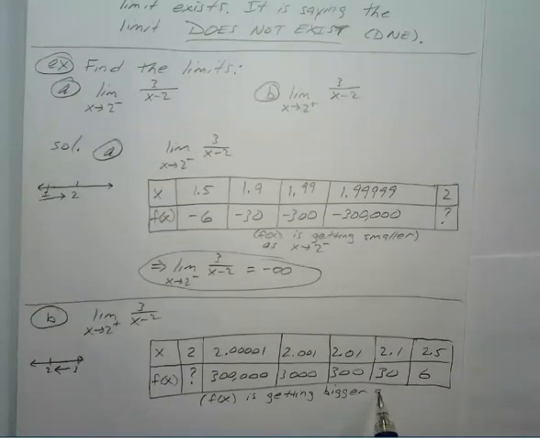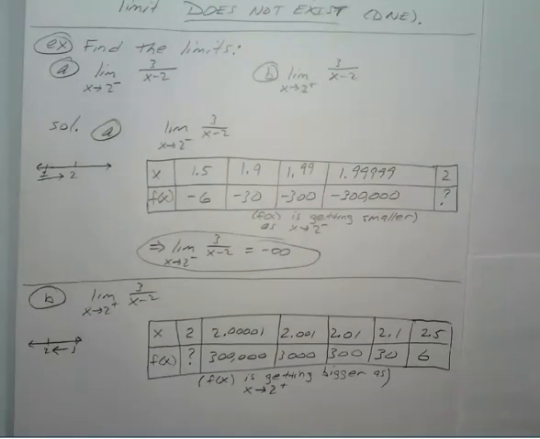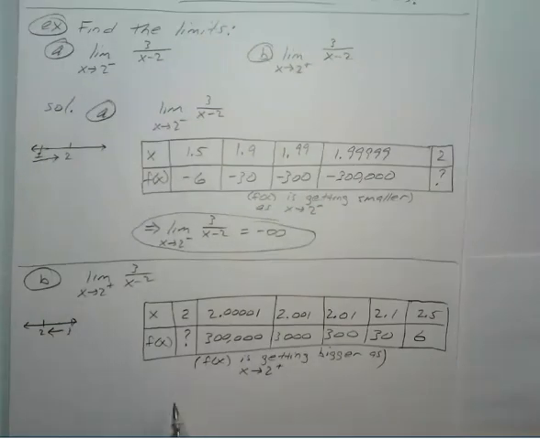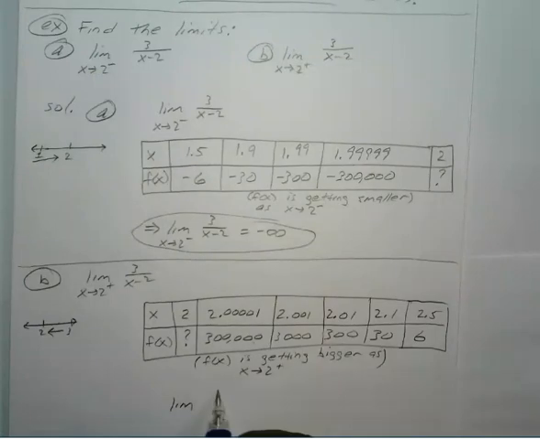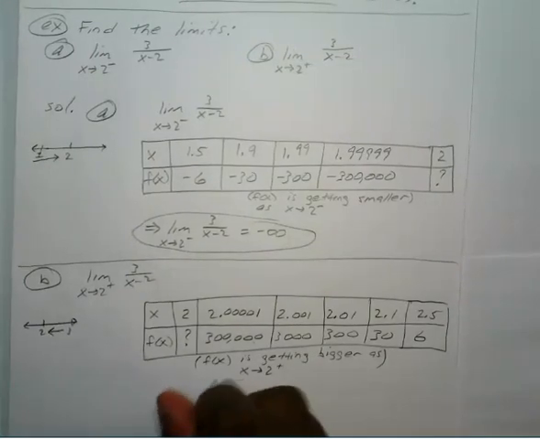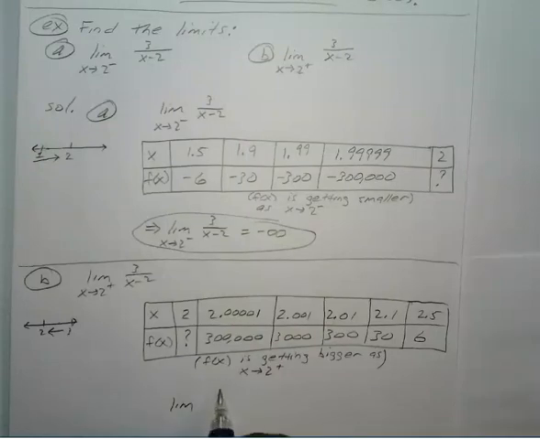So if you see that it's getting bigger and bigger, as you get closer and closer to 2, we can see that the limit of 3 over x minus 2 as x approaches 2 from the right is going to equal infinity.